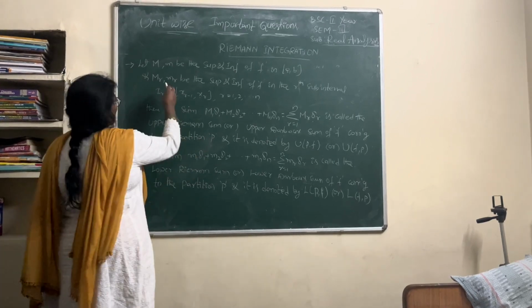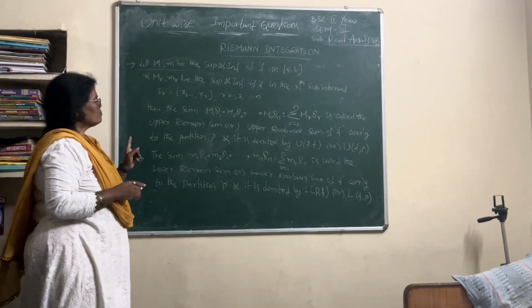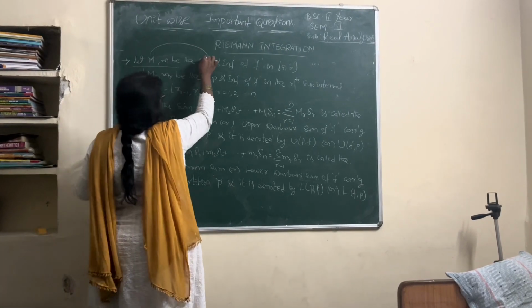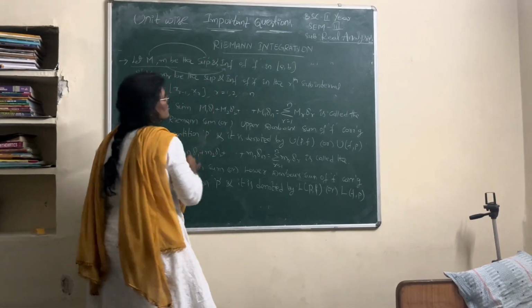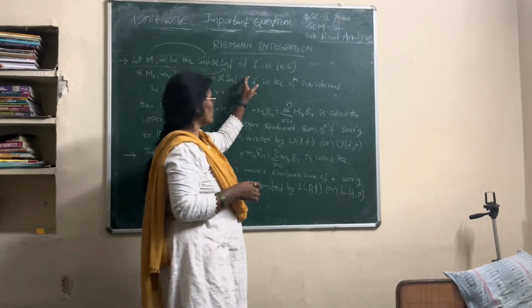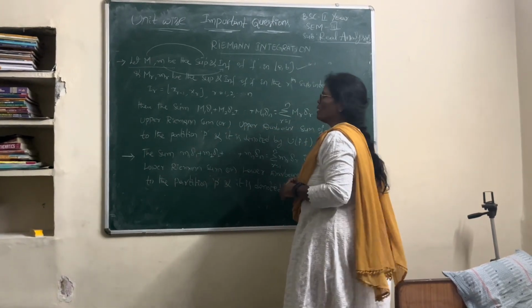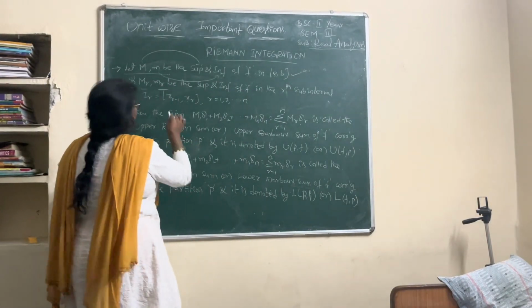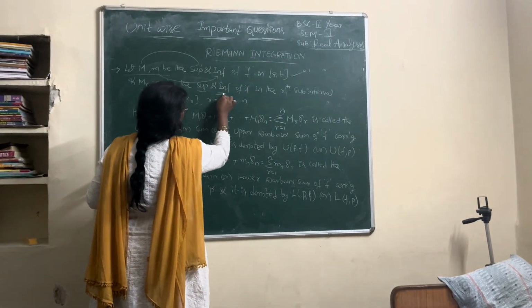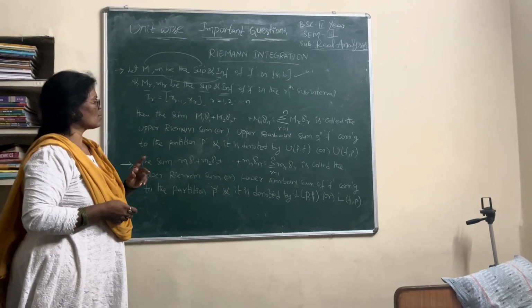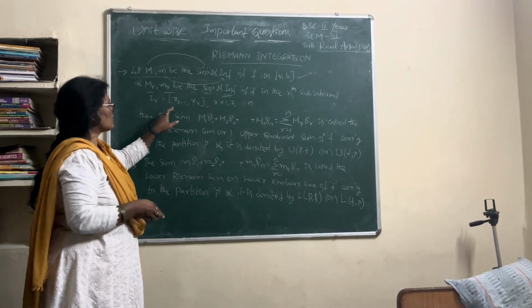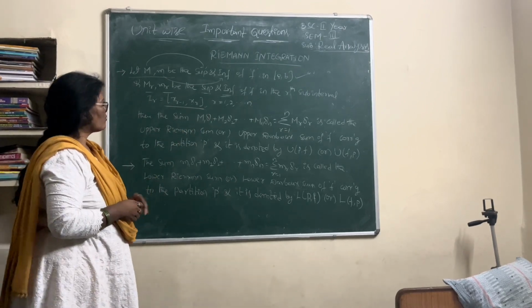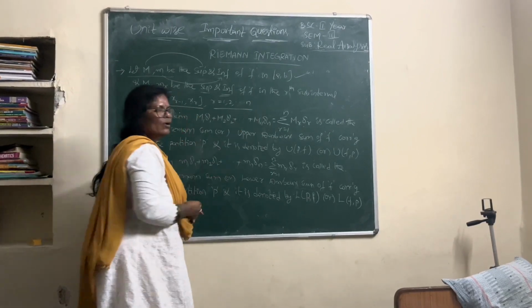Now capital M and small m we will take. Here capital M is the supremum and small m is the infimum of the function f on this interval [a, b]. Here capital Mr and small mr are the supremum and infimum of the function in the rth subinterval, that is Ir equal to [x(r-1), xr], where r goes from 1 to n.